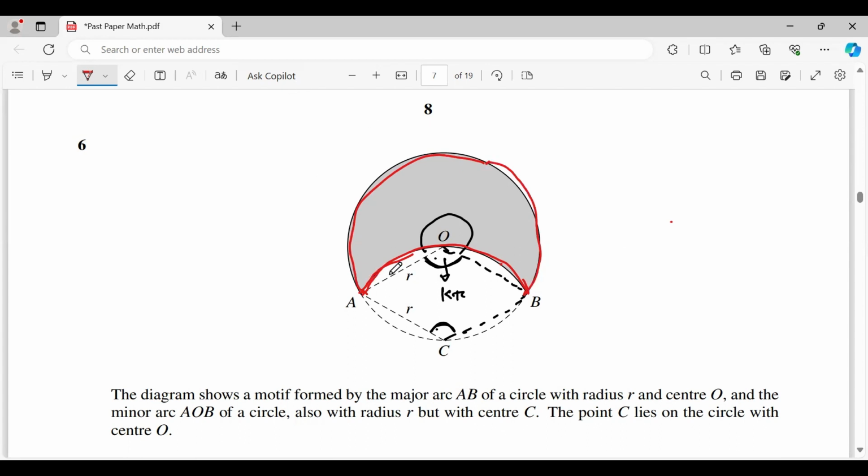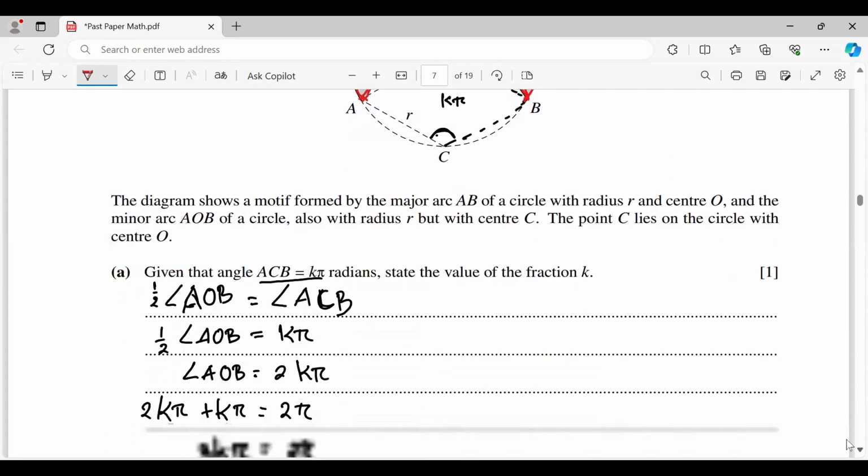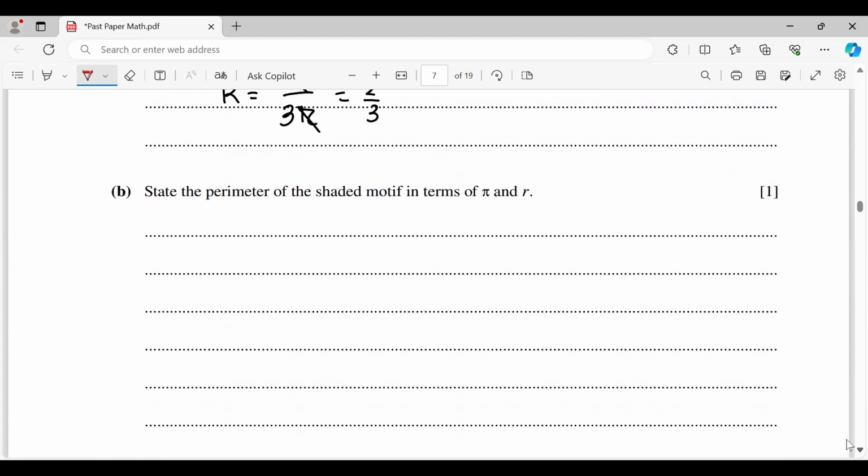So firstly, we calculate this circumference, and after that, this circumference, and then add this circumference plus this circumference.